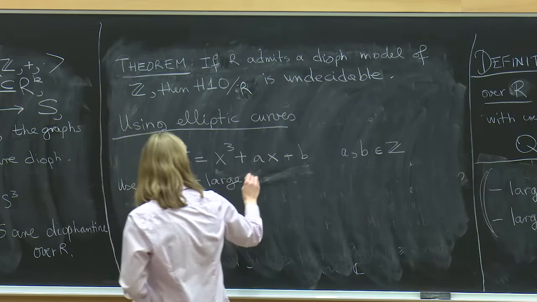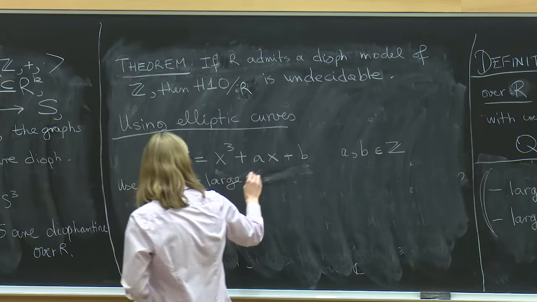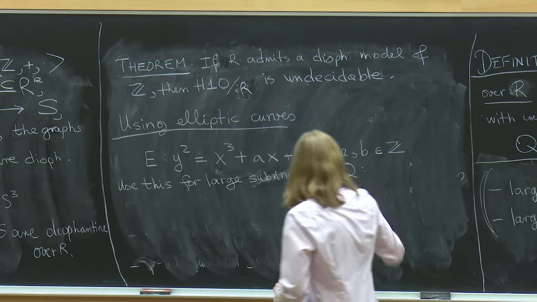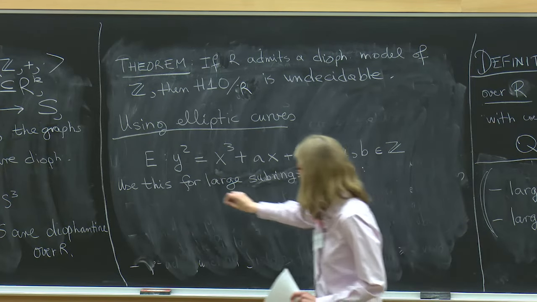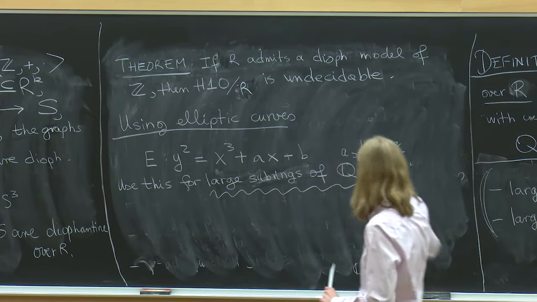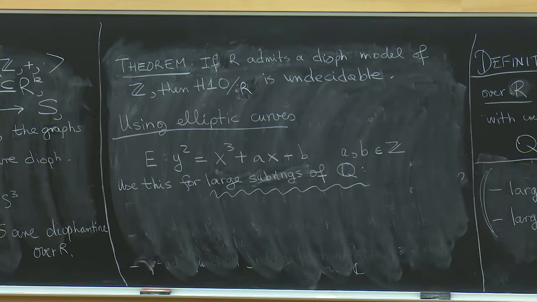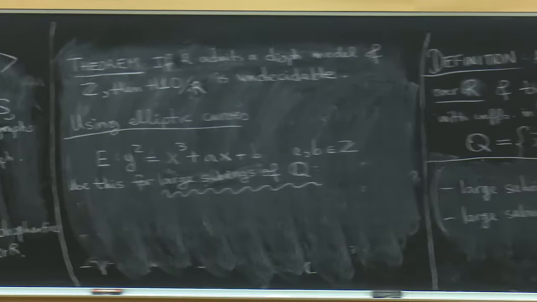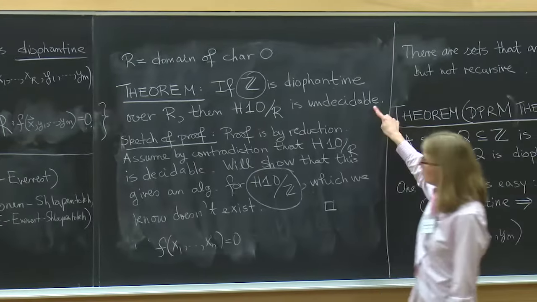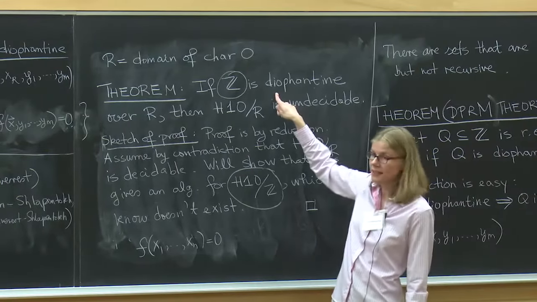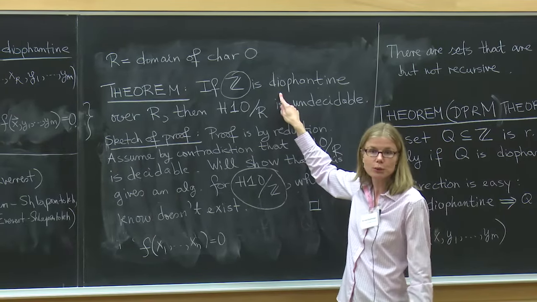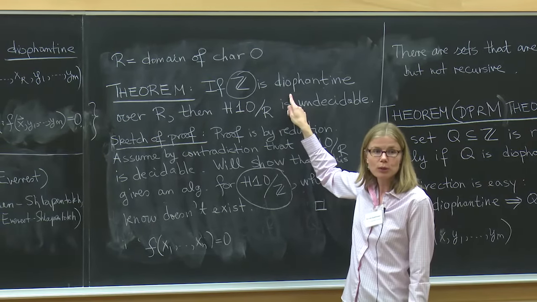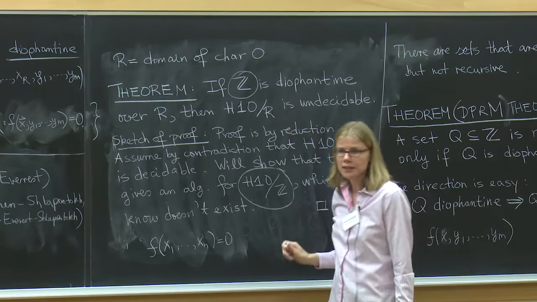So why am I looking at large subrings now? Well, I'll say more about it in my afternoon talk, but if you want to prove the biggest open problem, just find a Diophantine definition of the integers over Q. Just find some polynomial over Q that cuts out the integers.